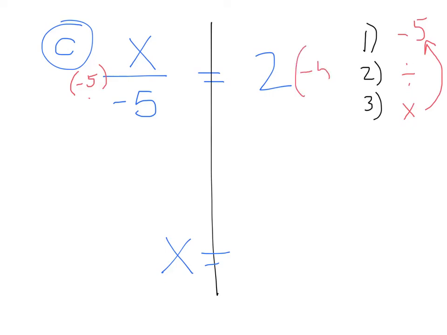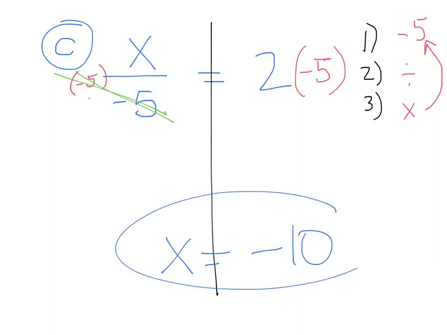Need to do it to this side too. Times -5. These right here cancel out. Get rid of them. And on this side, 2 times -5 is -10. -10 is our answer.